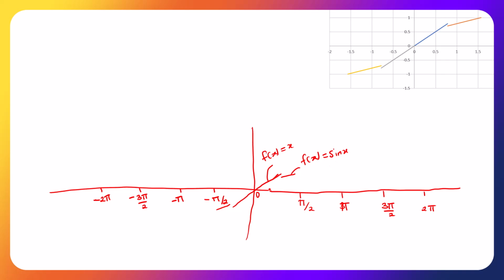So since we are to plot this function in the interval of minus 2 pi and 2 pi, we can also plot another one from pi to 2 pi like this.